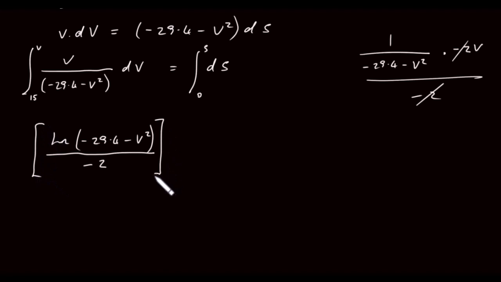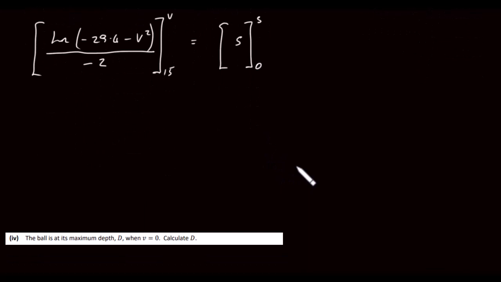So let's just put our limits in. So we've got 15 and v. On the right hand side then, we've just got 1 ds, if you like. So if you integrate 1, you're just going to get s, and 0 and s are our limits. Okay, so let's just work through all of this then. Now we've got to put in v in here, and then we've got to put 15 in here.